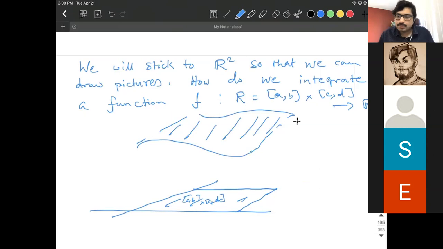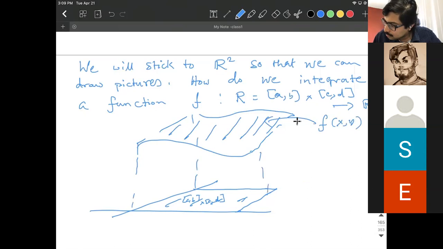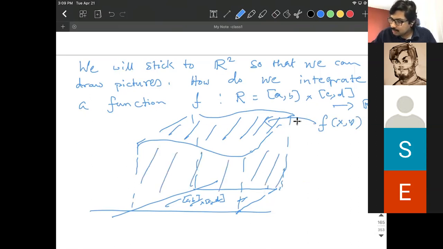Okay, so you have a three-dimensional picture. So this is f of x, y. My drawing is not up to the mark. Okay, and then you have a volume under this surface, right?